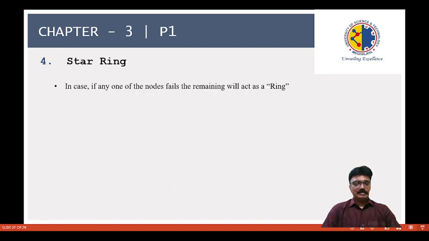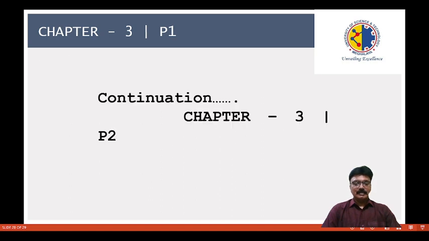In case of this explanation, if any one of the nodes fails, the remaining will act as the ring. With this, we can finish this presentation. Moreover, we have seen many topics in this video. The summary of this presentation: number one is the OSI model, open system interconnection model, which we have seen.